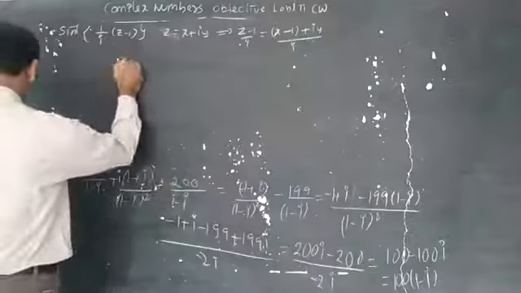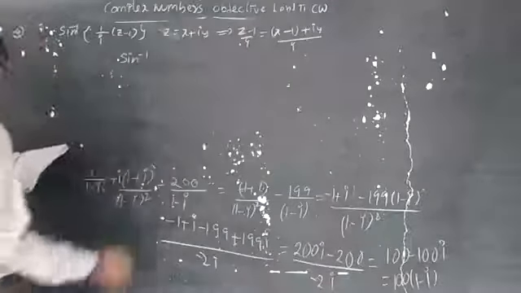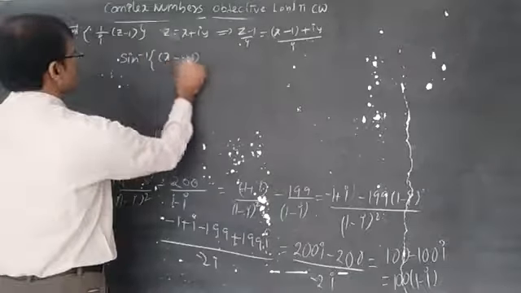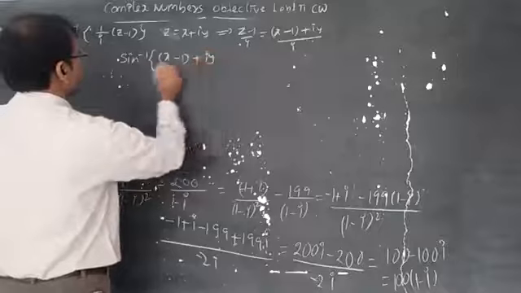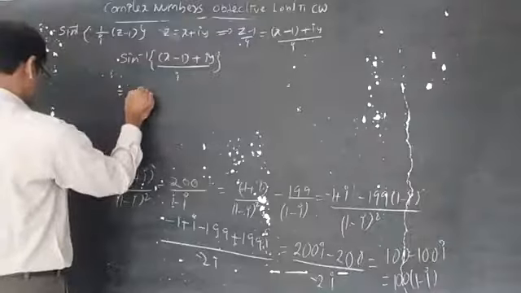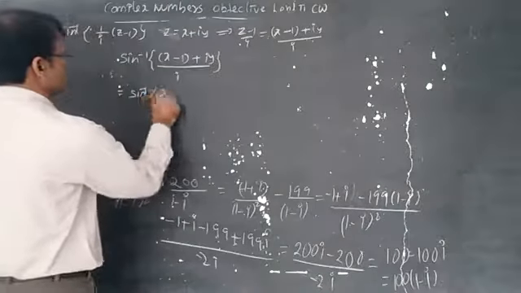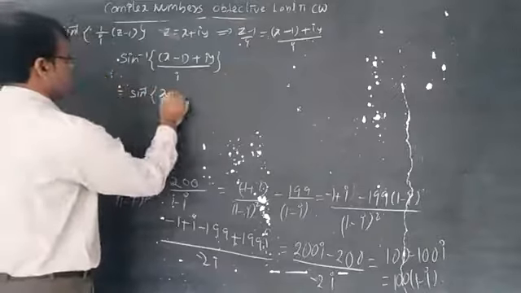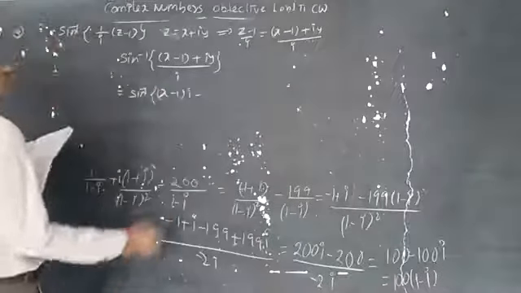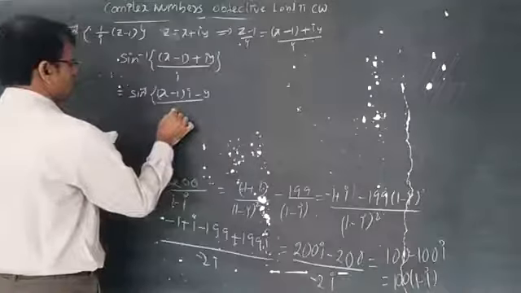Now sin inverse of (x minus 1 plus iy) by i. Multiplying with i, that is sin inverse of ((x minus 1) into i minus y) by i squared.